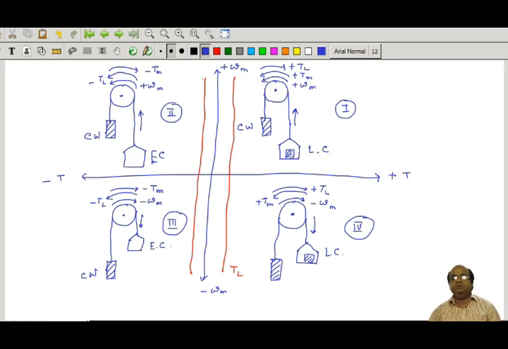Now this LC means loaded cage, EC means empty cage. Okay.